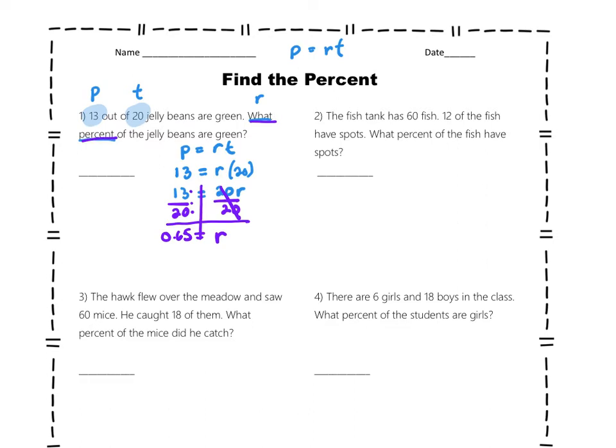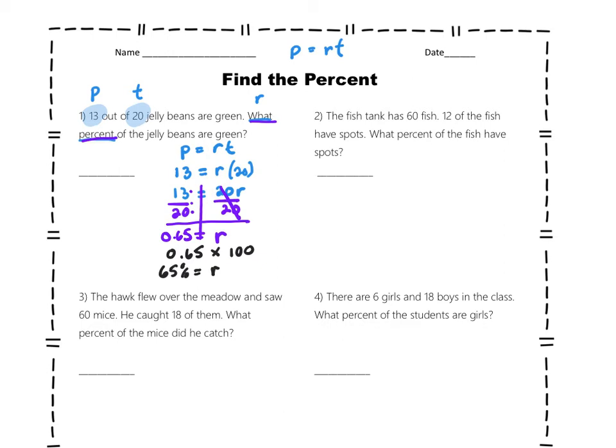But however, we have a decimal, so we have one more step. We're going to take our decimal, 0.65, and we're going to convert it to a percent by multiplying by 100. That's what percent means, per 100. And when we do that, we're going to get R equals 65%.